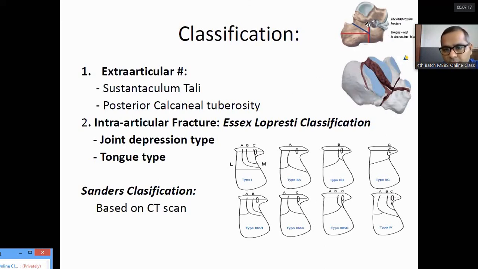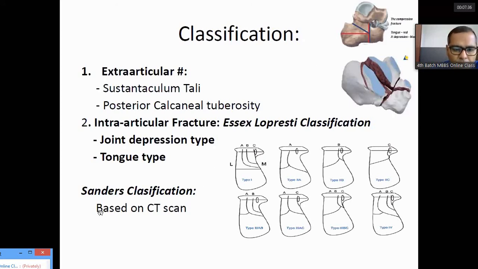When this secondary fracture line exits below the superior margin of the posterior articular facet, below this blue line, this is the joint depression type, and when it exits way posteriorly, it is the tongue type.